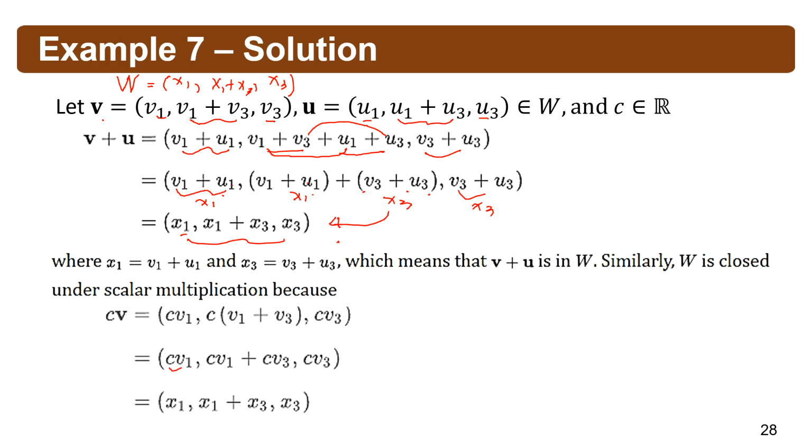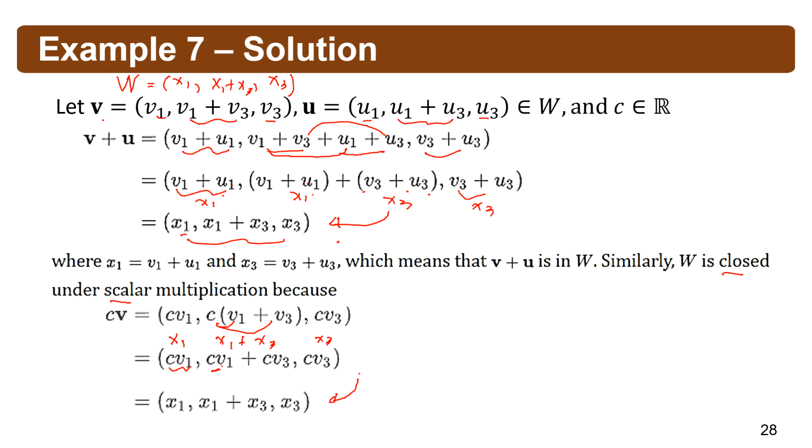So this one, if you multiply, the first, this is the first component. Let us take this as x sub 1, and this is x sub 3. So this is x sub 1 plus x sub 3. Okay? So it is of the same form. So we say now it is closed under scalar multiplication.